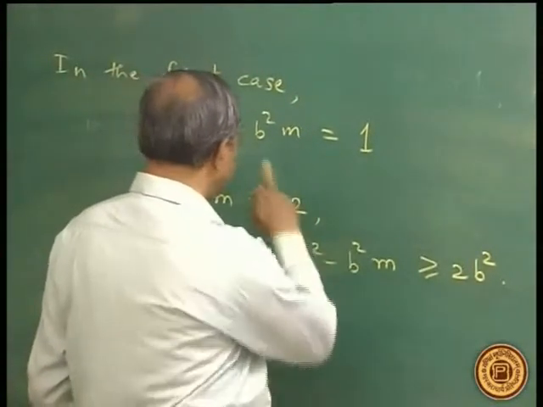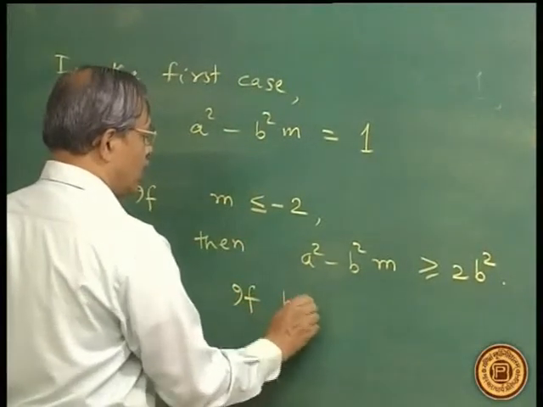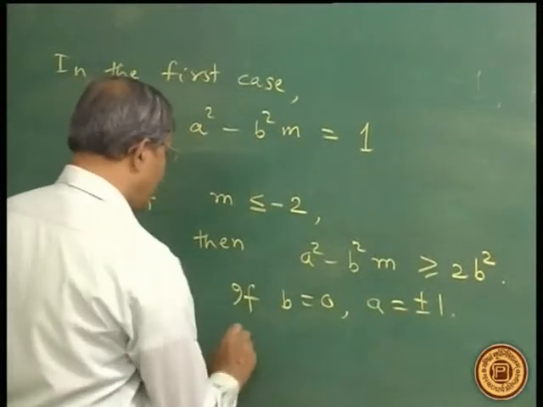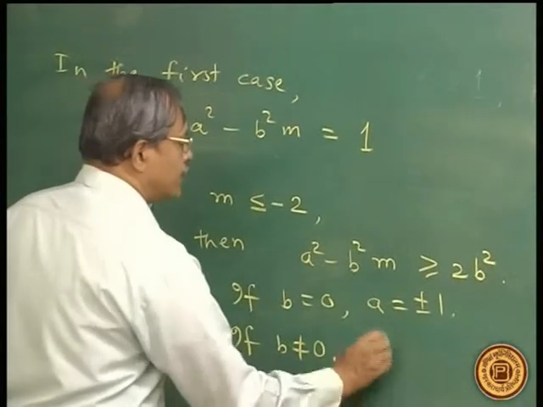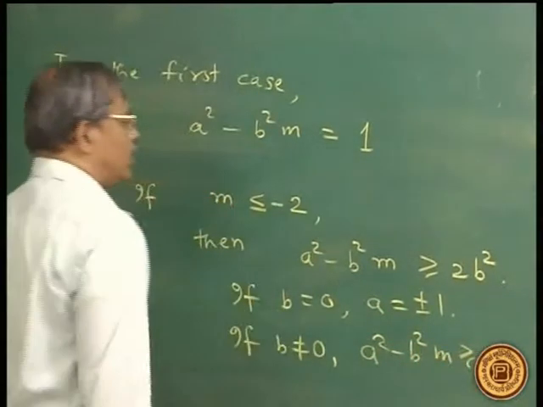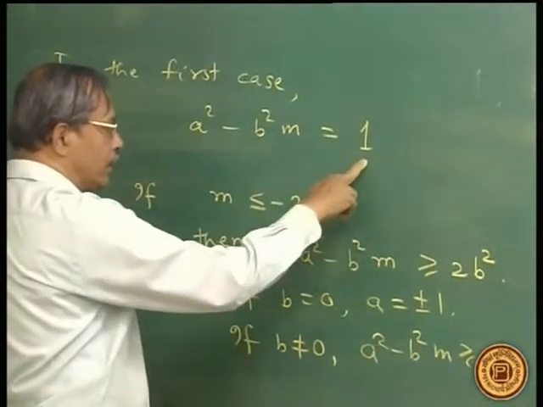Now if b is 0, then a equal to plus or minus 1. If b is not equal to 0, a square minus b square m is at least 2. But you want it to be 1.